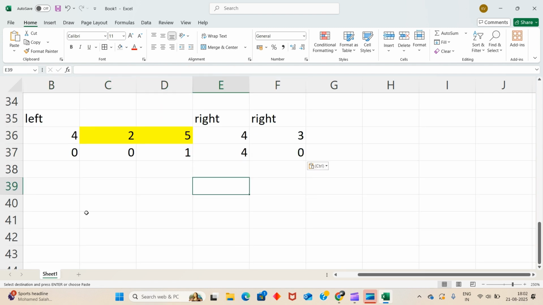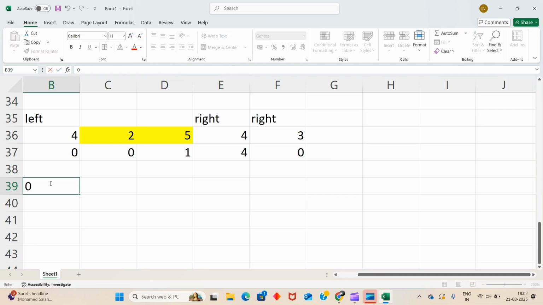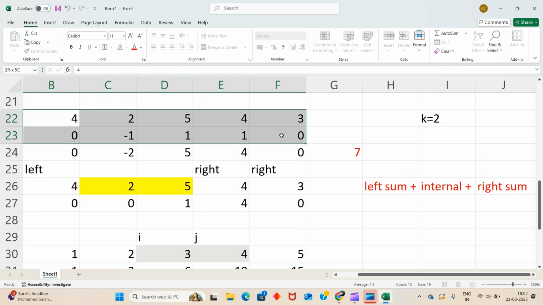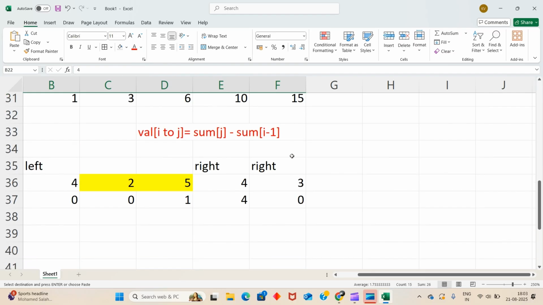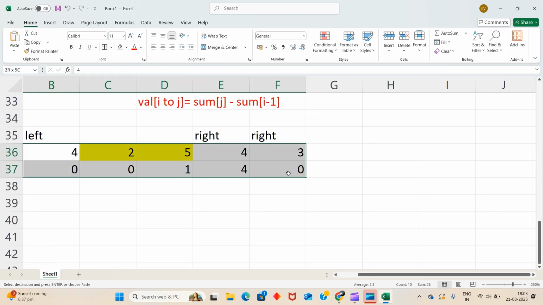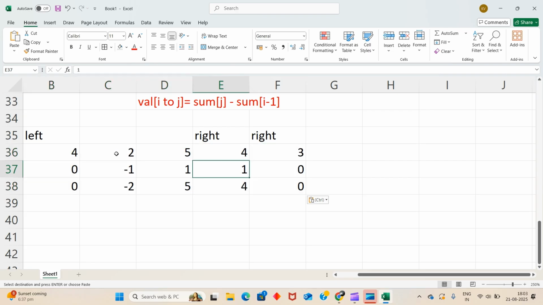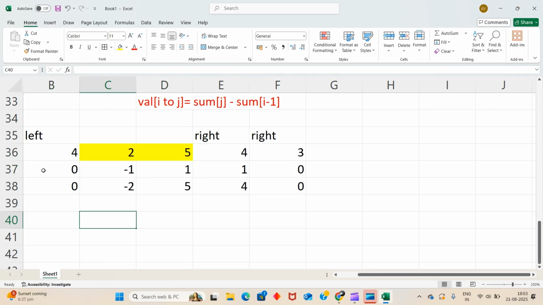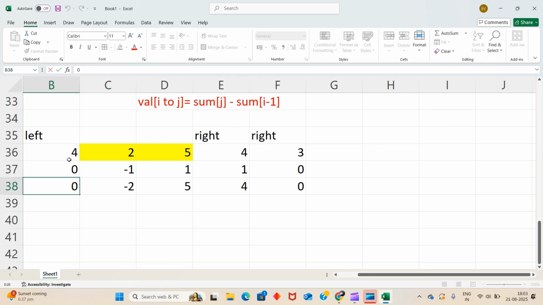Now let's see. What will be our prefix is 4 into 0 is 0. Not this. Wait. It is this. Sorry. Let's say I'll mark this as yellow. Yes. Okay, this was just the multiplication.